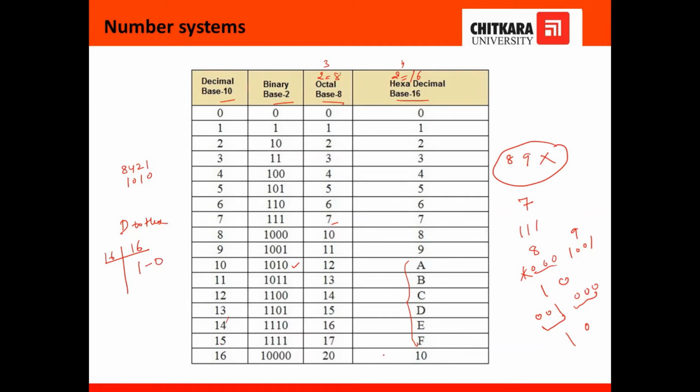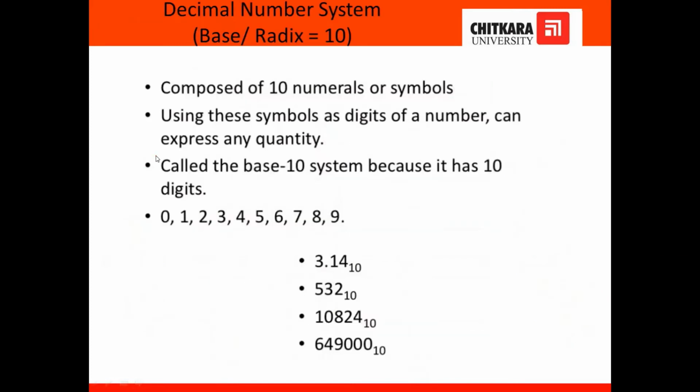So I can write it in 1 and 0 form. Same happens with 17, because when I divide 17 by 16, 16 ones are 16, remainder is 1. Then 17 is represented by 1 1. So in this way we can convert the decimal number into the hexadecimal one and the representation as well. Similar for the octal and for the binary. So these are basically the number systems.